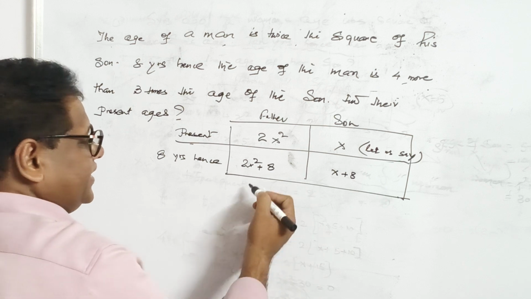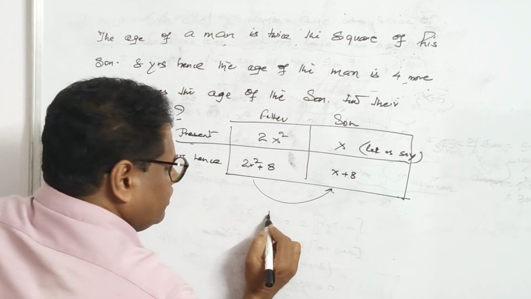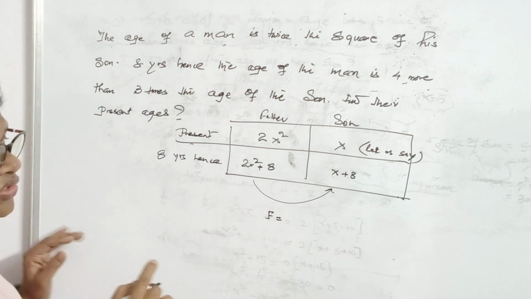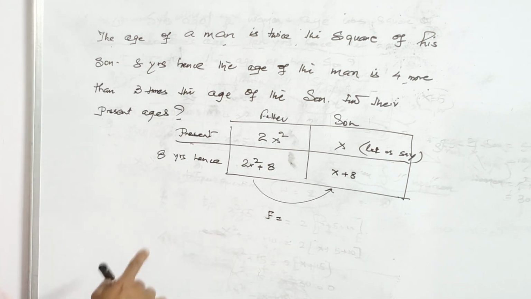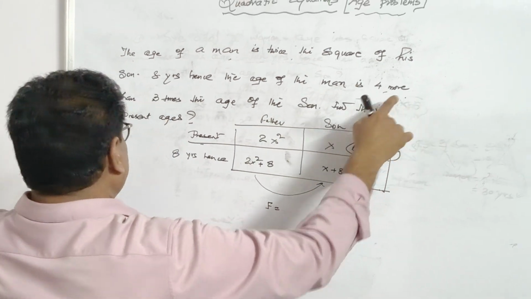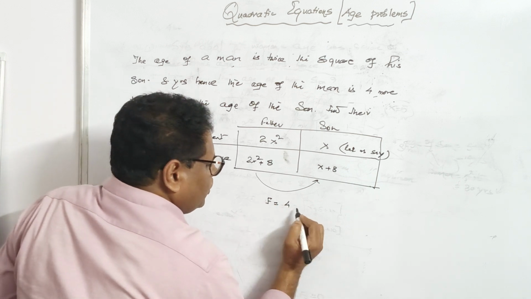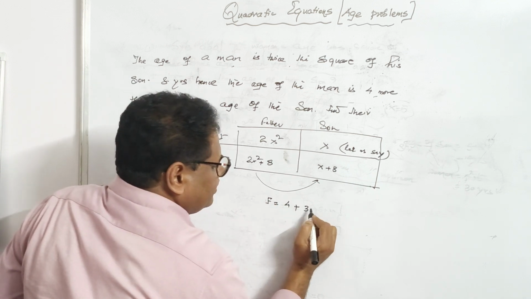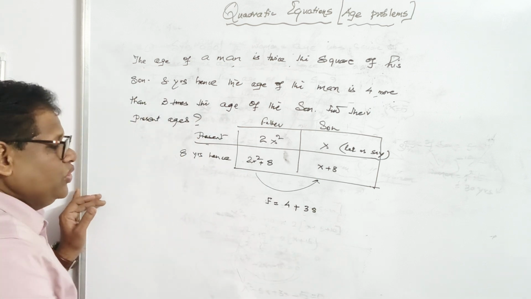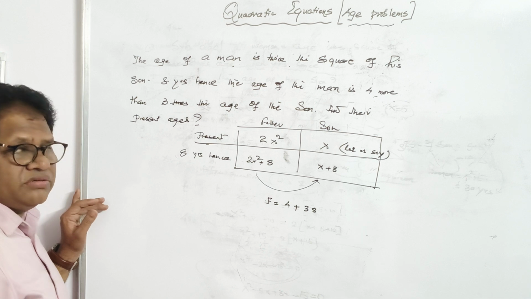So at that time, after 8 years, what is the relation between the father and son? Now this is very important. The father, that is the man, is 4 more than 3 times the age of the son. If you don't frame this simple sentence, you might not get a correct equation.